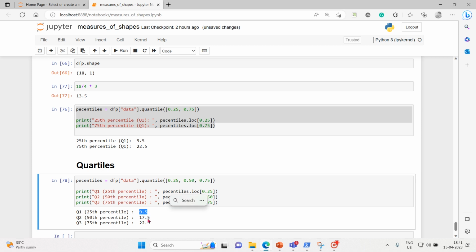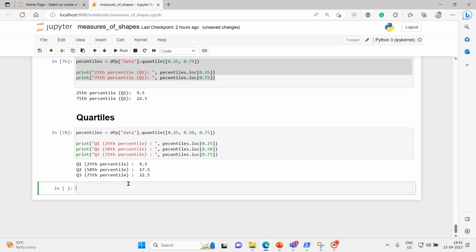9.5 is quartile 1, 17.5 is quartile 2, 22.5 is quartile 3. Now the interquartile range is equal to 22.5 minus 9.5.